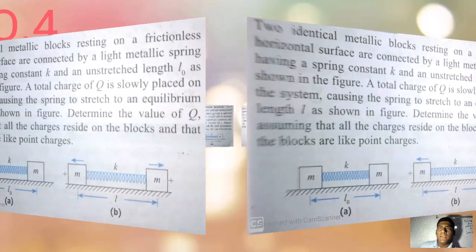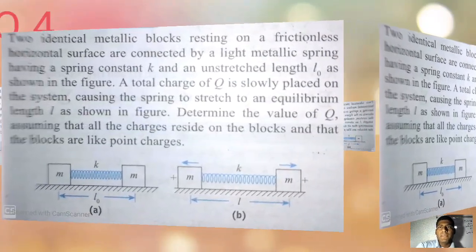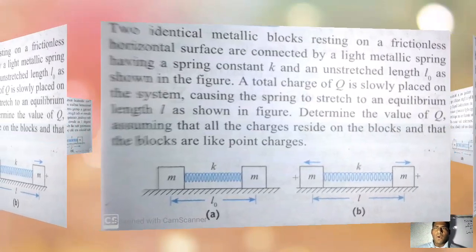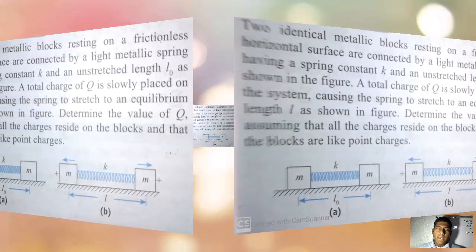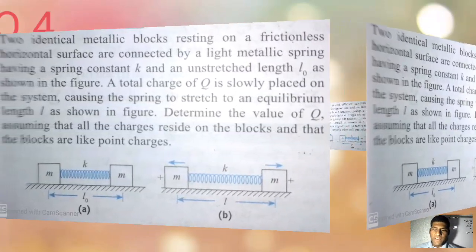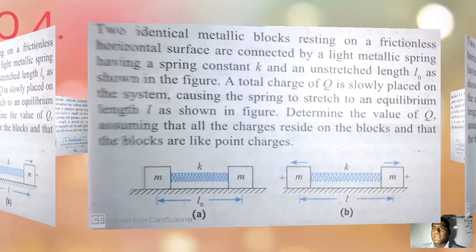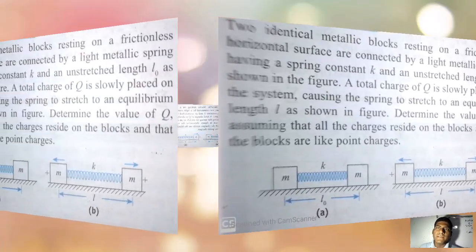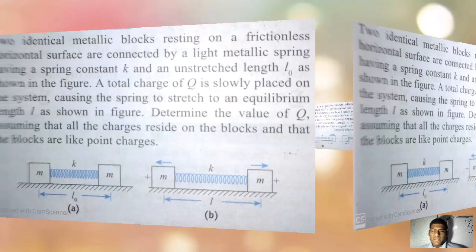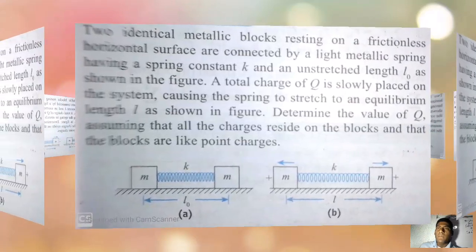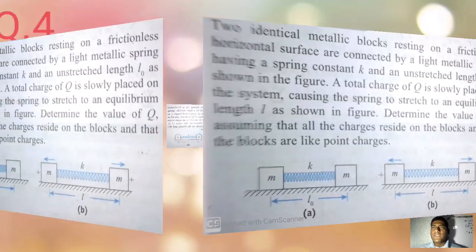Okay, let's see the next question, question number 4. In this question, there are two metallic blocks resting on a frictionless horizontal surface, connected by a light metallic spring.